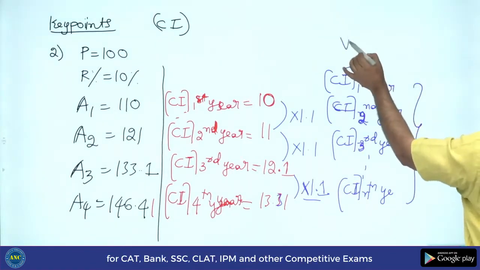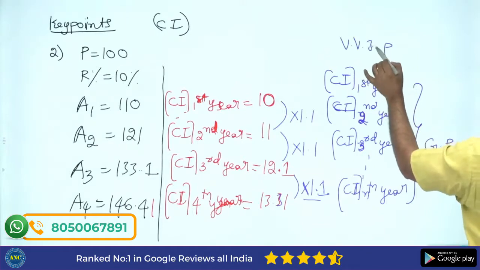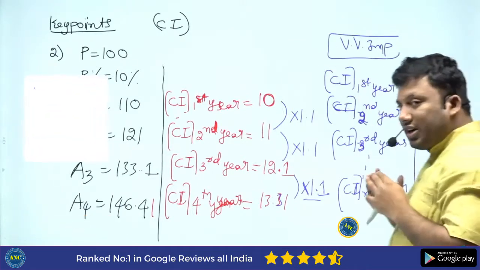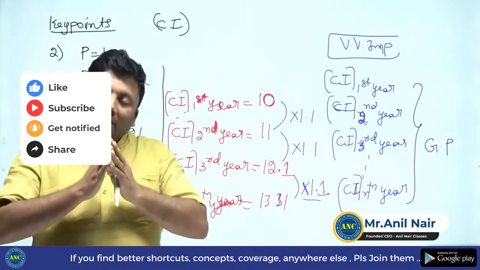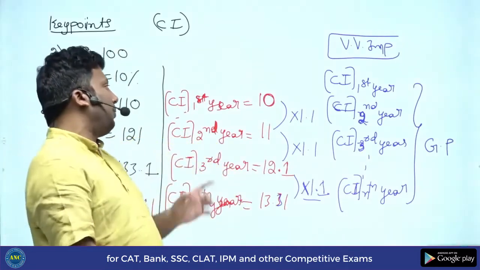Very, very important point, sir. So not only the amounts at the end of the year, the compound interest for a particular year is also in geometric progression.